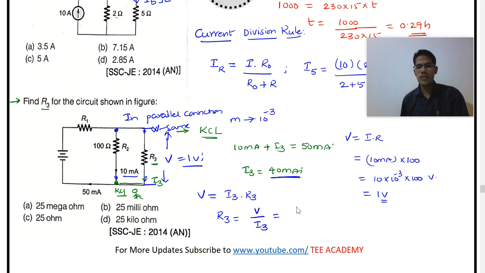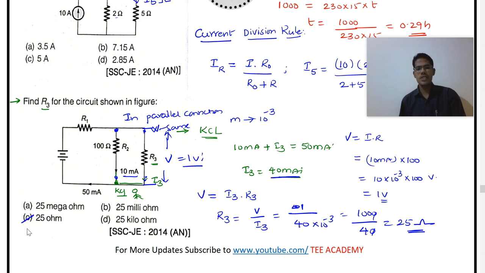So it is going to be V value is 1 divided by I3 is 40 into 10 power minus 3. So 1000 divided by 40. So it is going to be 25 units, resistance key it is ohms. So 25 ohms is the right answer for this question here.